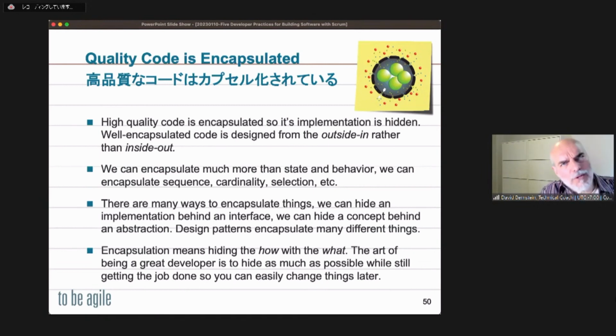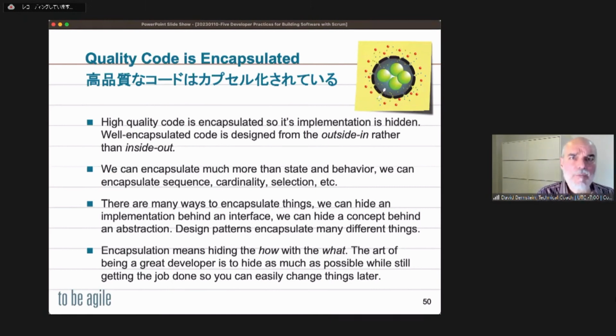And I think this is really important because I think the job of a great software developer is to encapsulate as much as possible while still being able to do the task at hand. Because the more we can hide, the more we can change later without breaking a bunch of other things. So we want to hide as much as we can.